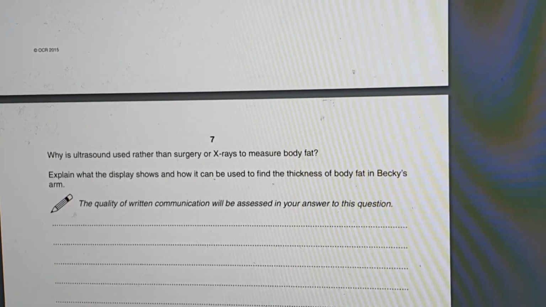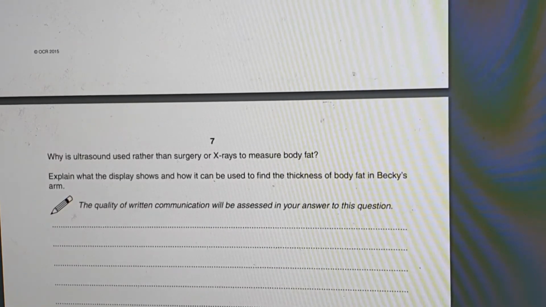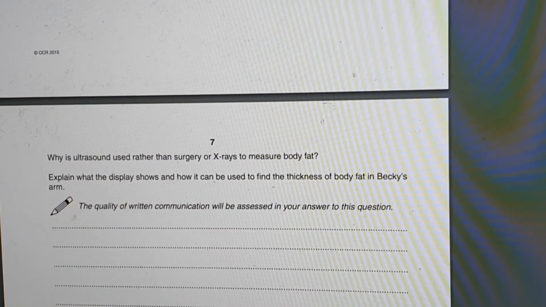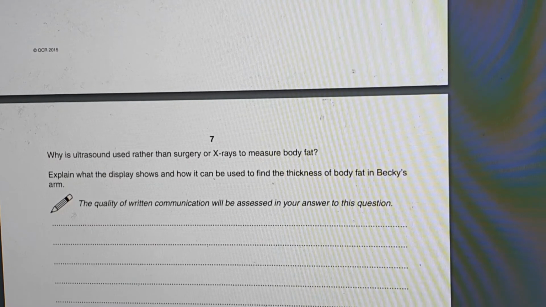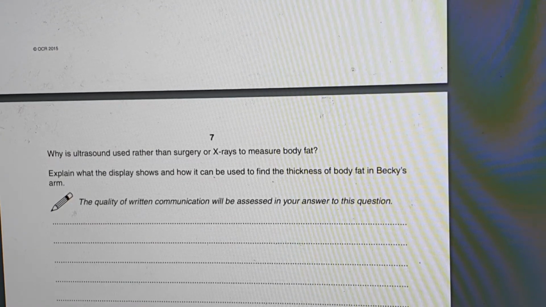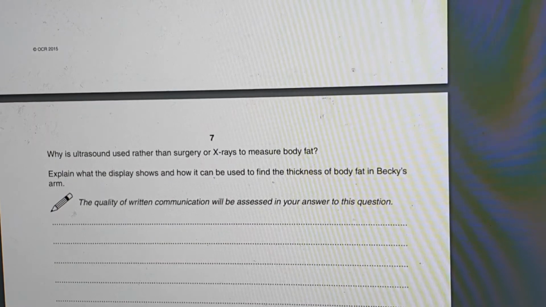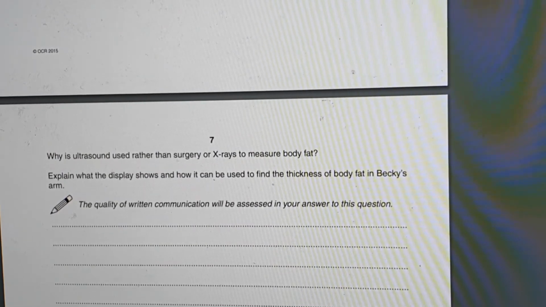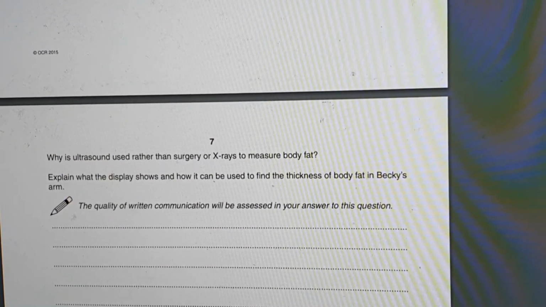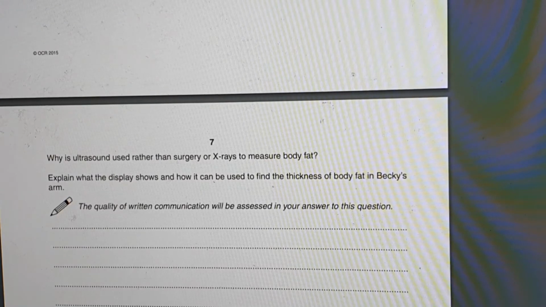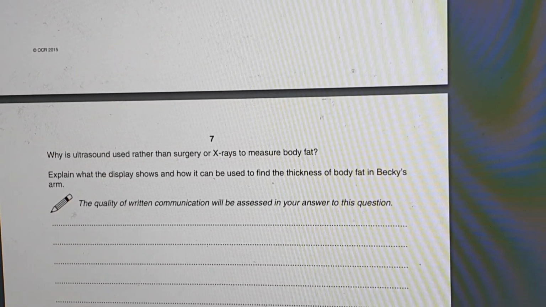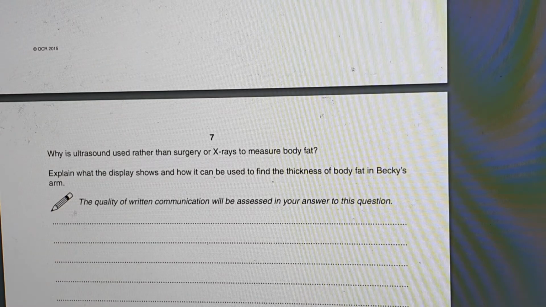It is non-invasive because there's no damage to tissues. It produces images of soft tissue, and you can measure the depth of soft tissue. Those are the reasons why you would use ultrasound to measure body fat.